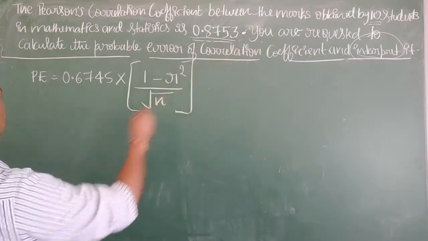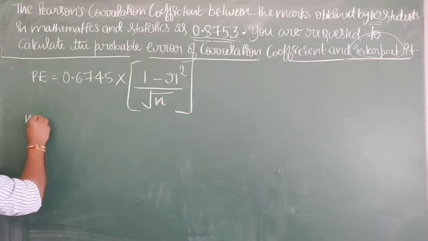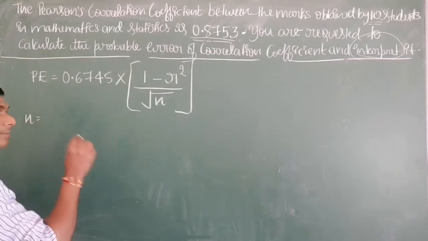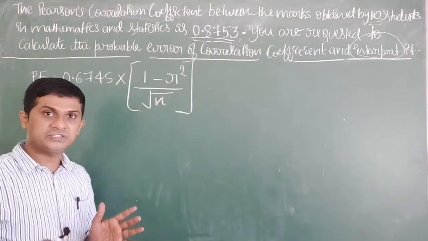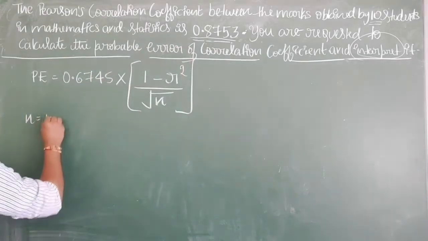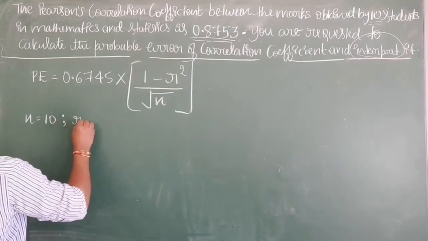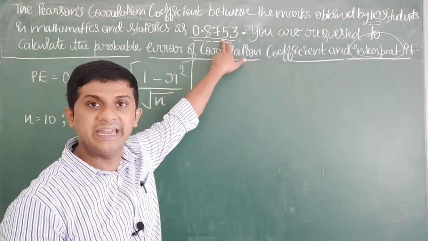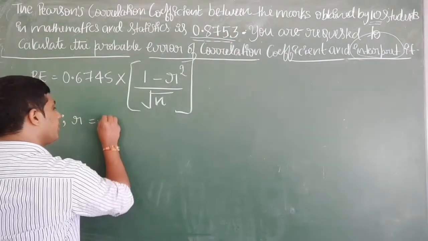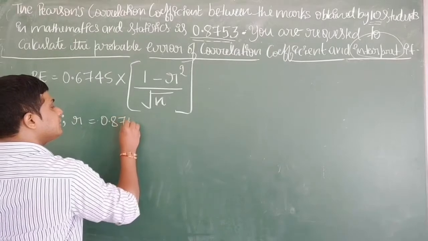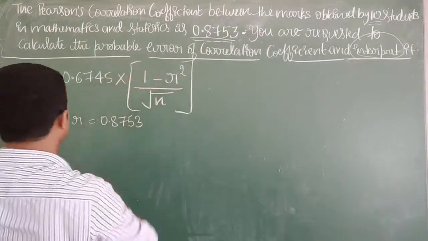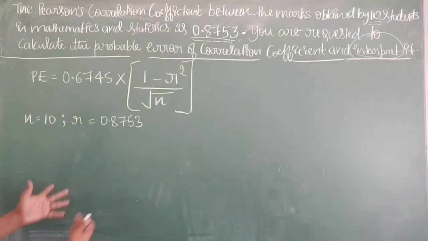They have given 10 students, that is n, the number of pairs of observations, which is 10 here. And then they have given the r value, the correlation coefficient, which is 0.8753. These two are the values we need. Other values we can take from the equation itself.